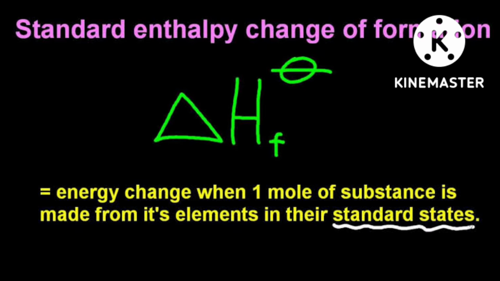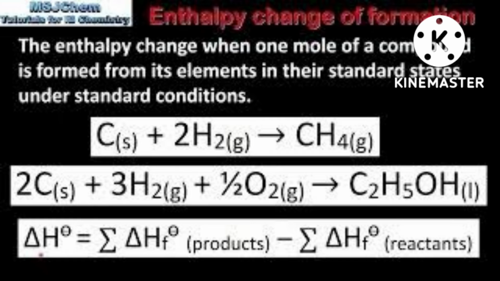That's why it is an exothermic reaction. Every time in an exothermic reaction, heat is evolved. Don't forget, delta H will always be negative in case of an exothermic reaction.